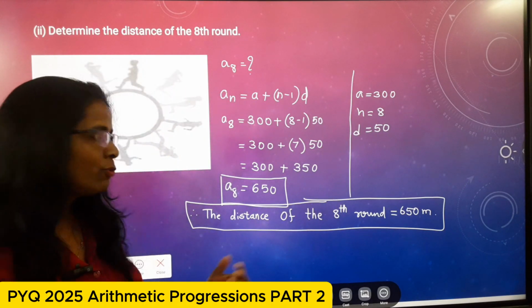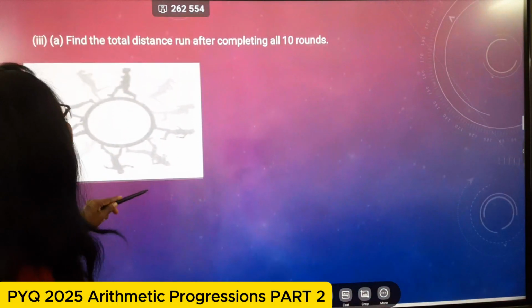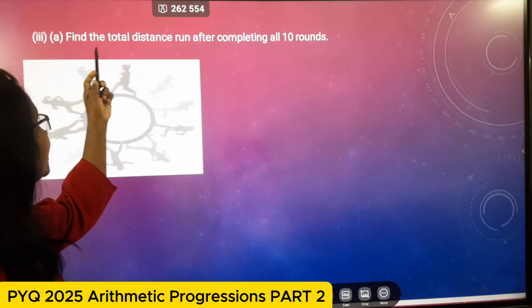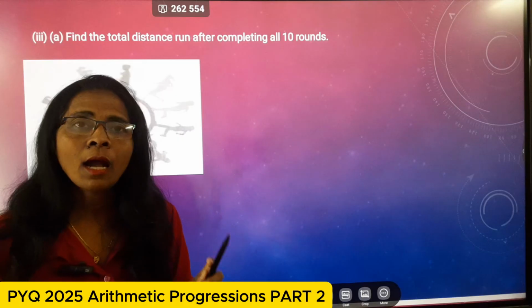Now see the next question: find the total distance run after completing all 10 rounds.